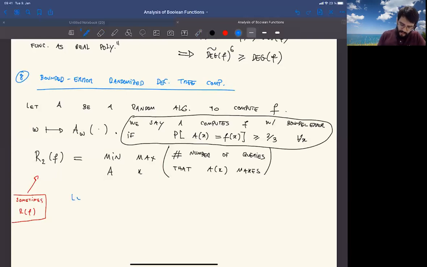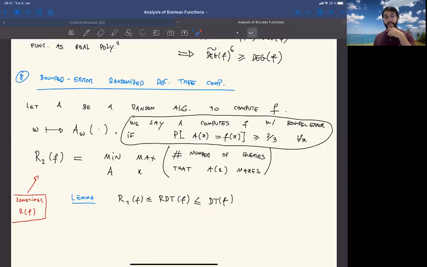And we have the lemma, which is R2 of F is less or equal than RDT of F, the one we just saw above, and this is less than the decision tree complexity of F. We already saw this, because this is randomized decision tree and this is decision tree, so it's trivial.